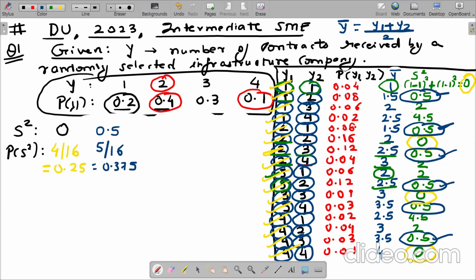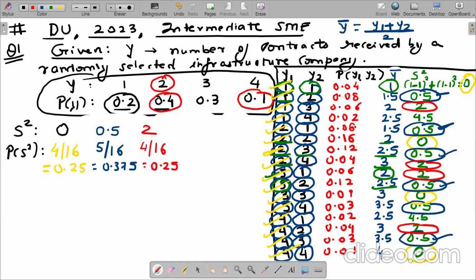Then let's look at the next value, which is 2. S square is also taking the value 2. How many times? 1, 2, 3, 4. So answer is 4 by 16, which is again 0.25.